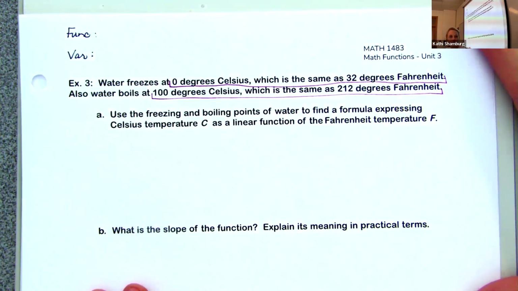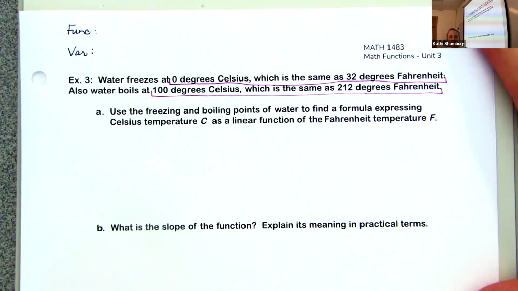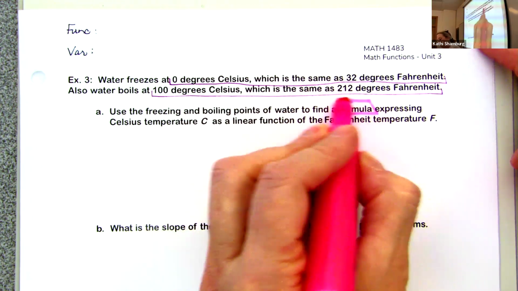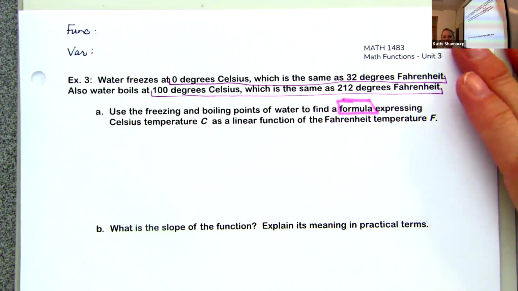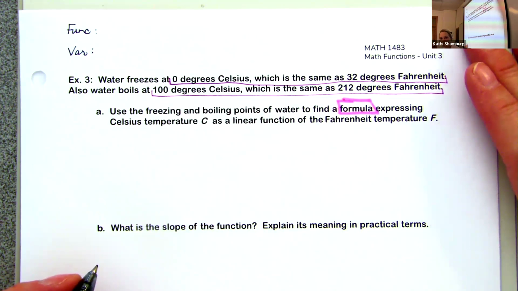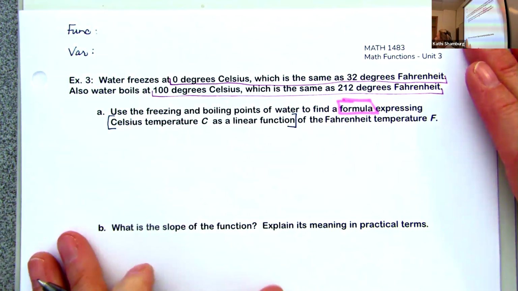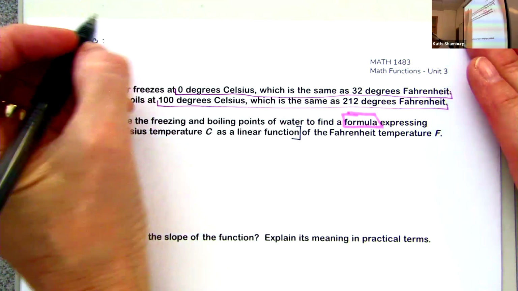All right, so part A. Use the freezing and boiling points of water to find a formula. So ultimately, this is what it's asking me for. Expressing Celsius temperature C as a linear function. Okay, right there, I know what my function is.